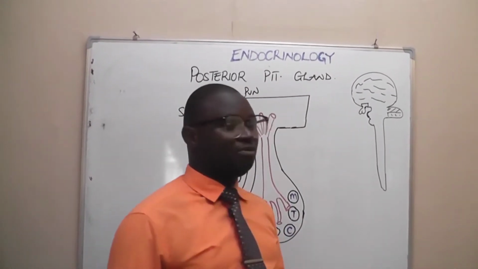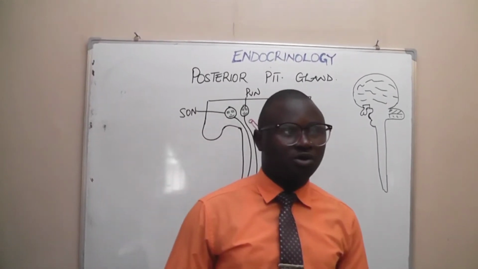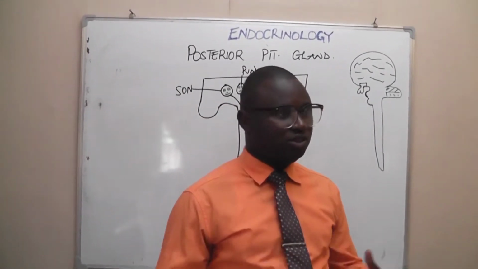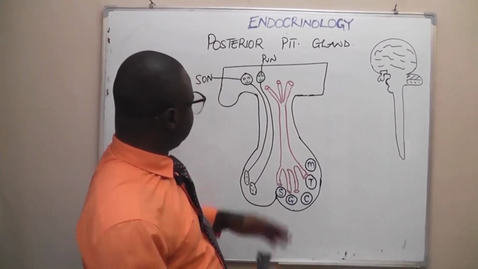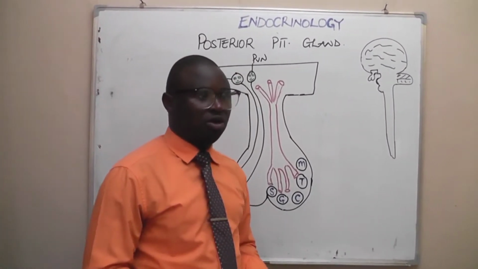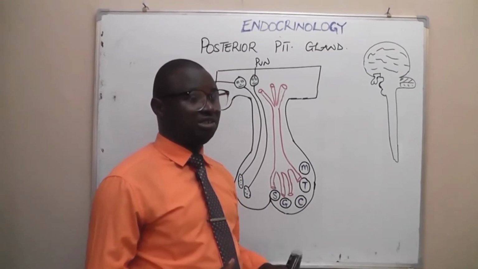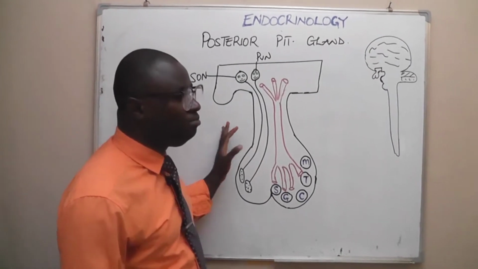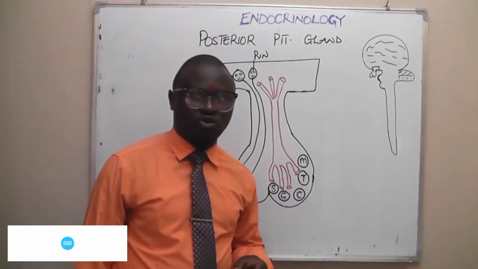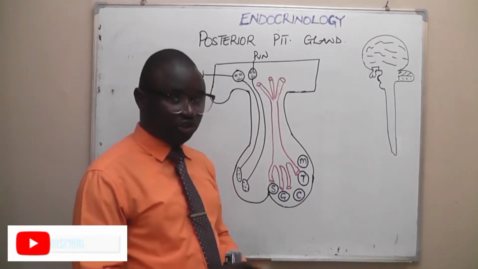If you remember in our previous lesson on the posterior lobe, we said that the posterior lobe is made up of nervous tissues, and these neurosecretory cells are also known as pituicytes, and they produce two main hormones: antidiuretic hormone and oxytocin.